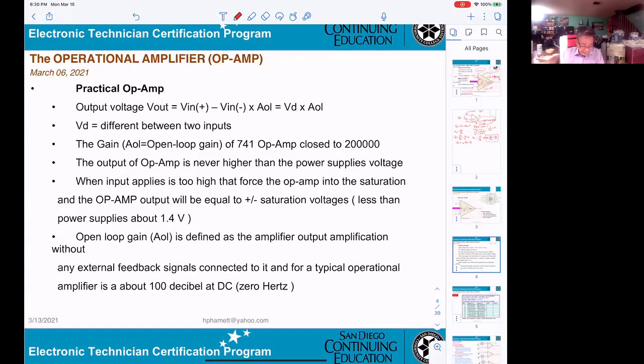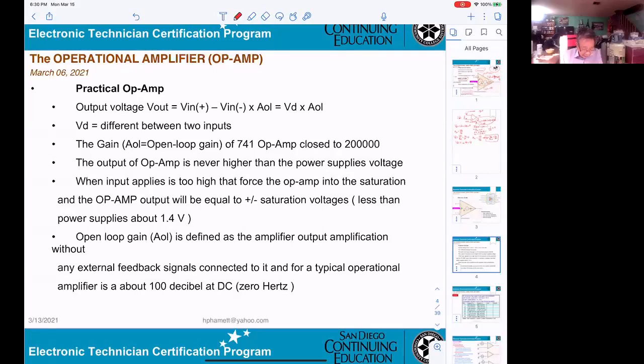The reason is the op amp output is never higher than the power supply voltage. If you're using plus 15 volt and minus 15 volt, then the output cannot be higher than 15 volt, no matter what, or minus 15 volt.